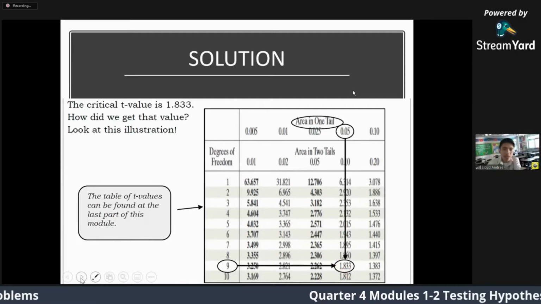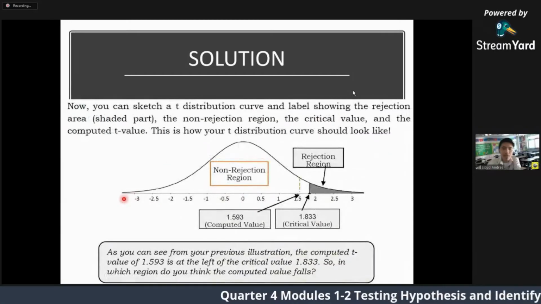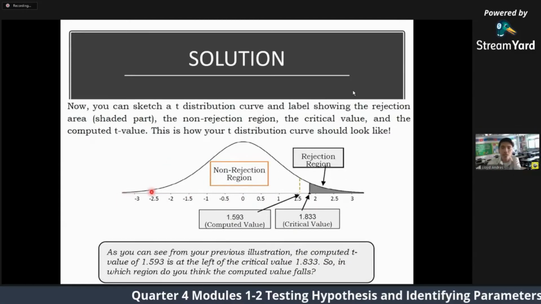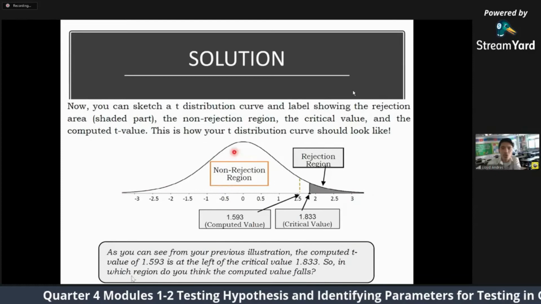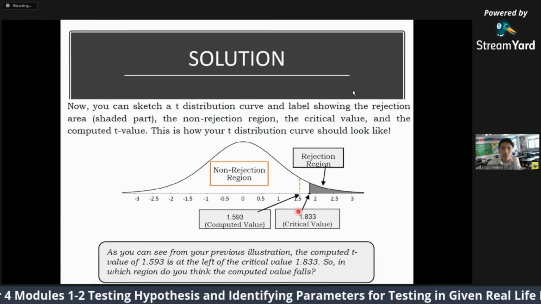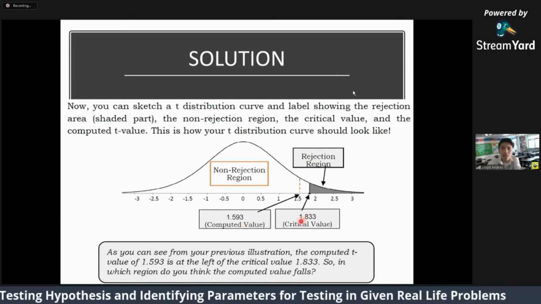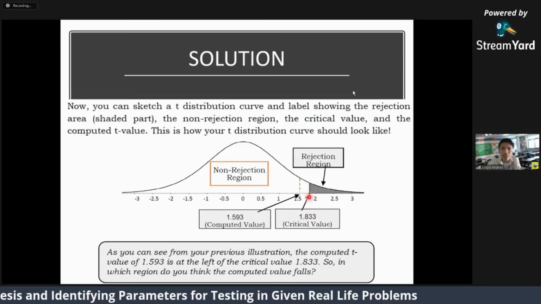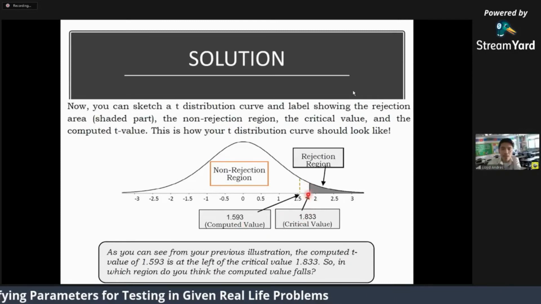So comparing this time, plotting the values in your t distribution. The critical value is the boundary of your non-rejection region or rejection region.